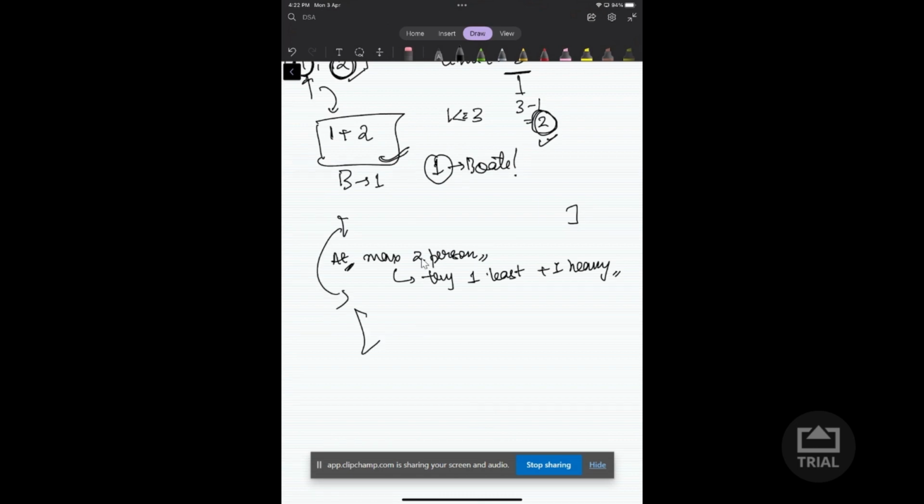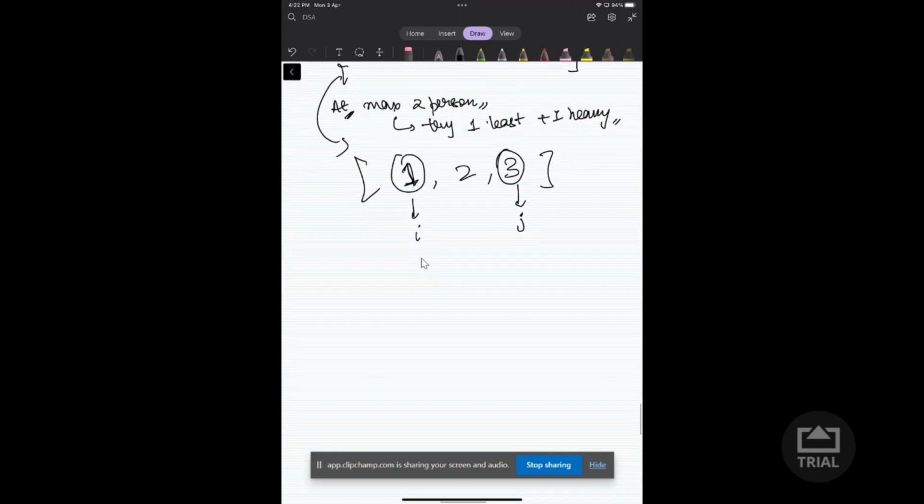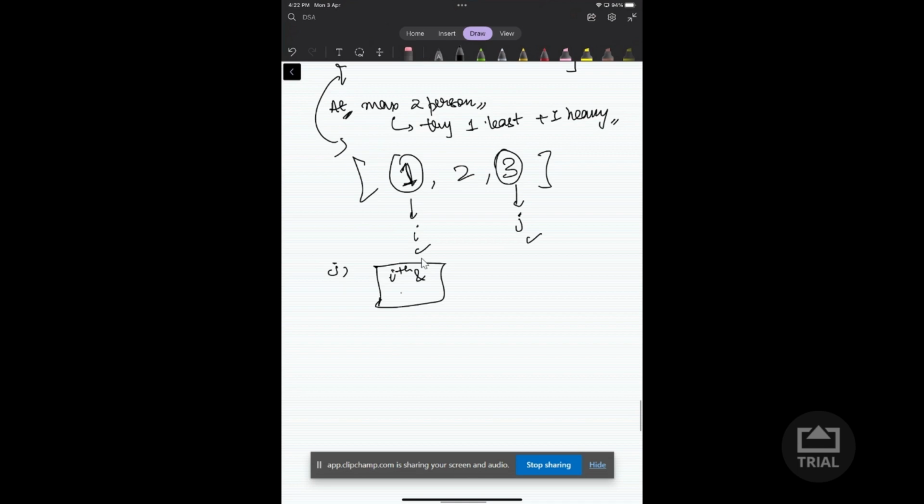So how does the approach go? We'll first sort the array so that the weights are in sorted order. And we'll keep two pointers: one i at the least weighted person and one j at the heaviest person. We'll take the two pointer approach, and at every i and j, I can try to take both the ith and jth person on my boat.